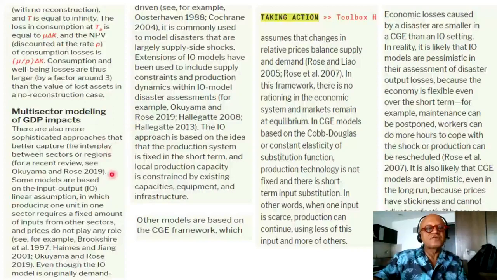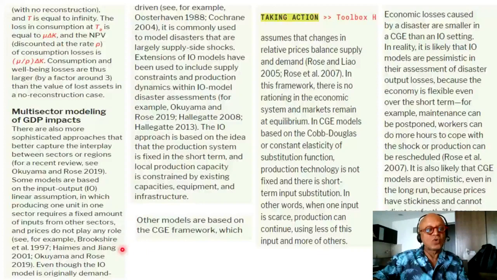There are also more sophisticated approaches that better capture the interplay between sectors or regions. For a recent review, you can look up this paper. Some models are based on input-output linear assumptions, in which producing one unit in one sector requires a fixed amount of input from other sectors, and prices do not play a role.